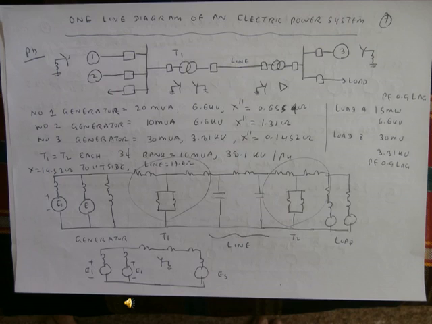Generator number 3 is 30 MVA, 3.81 kilovolt, with a reactance of 0.1452 ohm. Load A is 15 megawatt at 6.6 kilovolt, and load B is 30 megawatt at 3.81 kilovolt, with power factor 0.9 lagging. That is how we can draw the equivalent diagram.